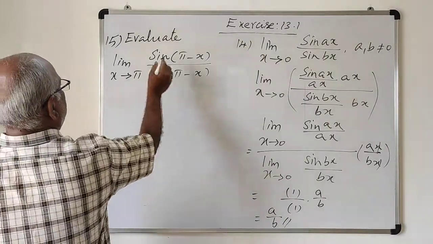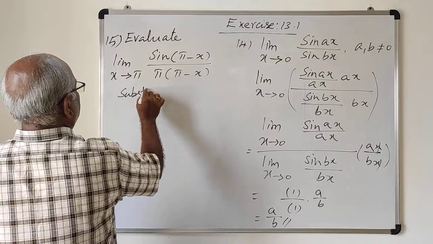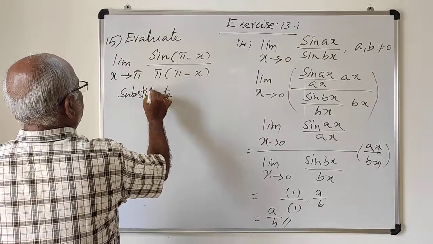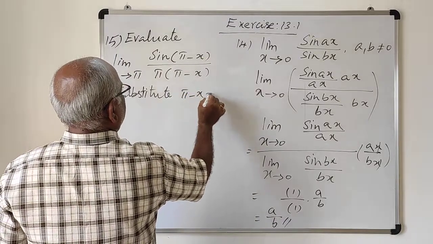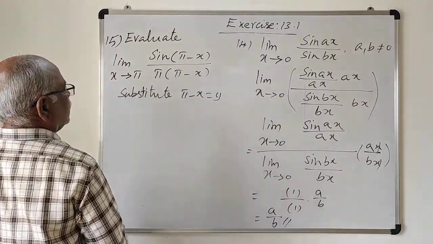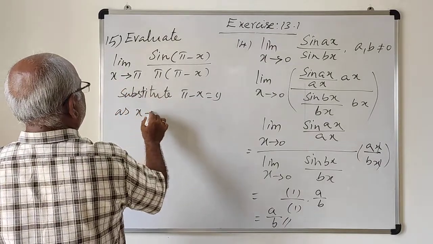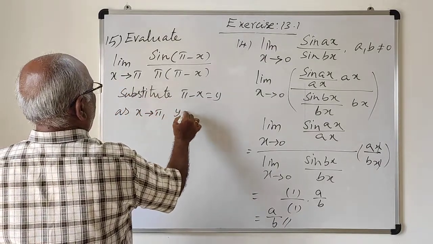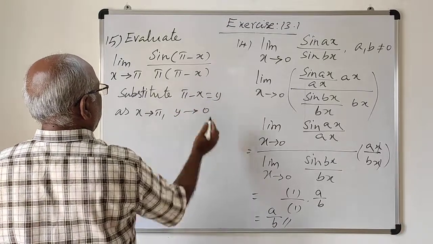To solve this limit, substitute pi minus x equal to y. Therefore, as x tends to pi, y tends to pi minus pi, which is 0.